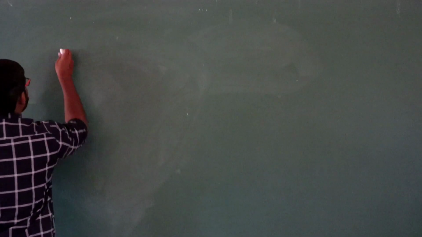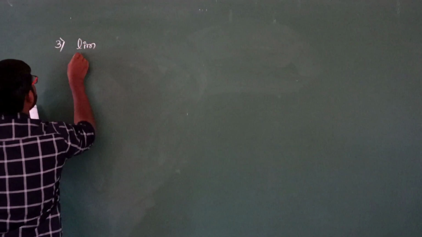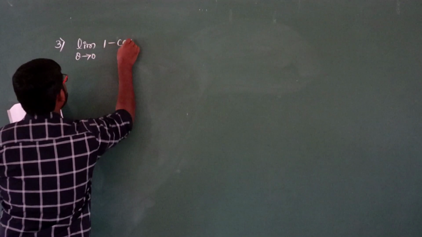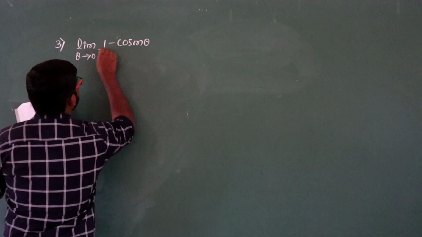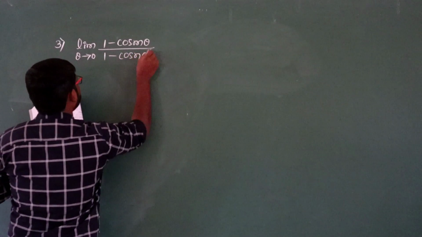Well, the next question: limit theta tends to 0, 1 minus cos m theta divided by 1 minus cos n theta.